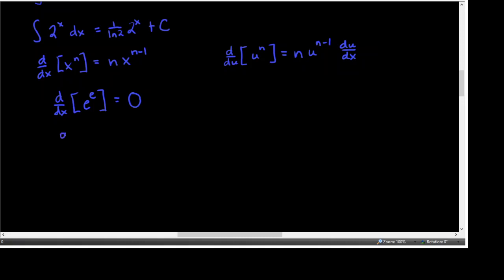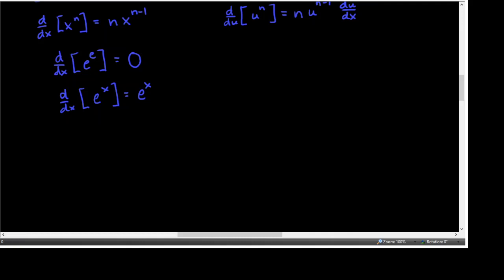Okay, now what's the derivative of e to the x? Hint, coolest function ever. Well, of course, that's e to the x. Hooray, you got that one right. Okay, now what is the derivative of x to the e?